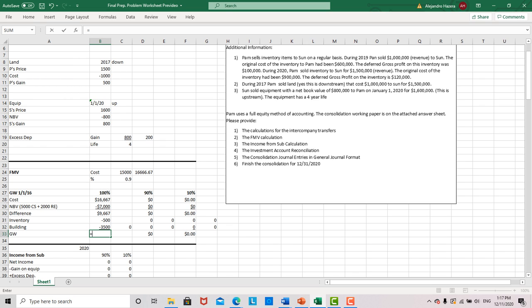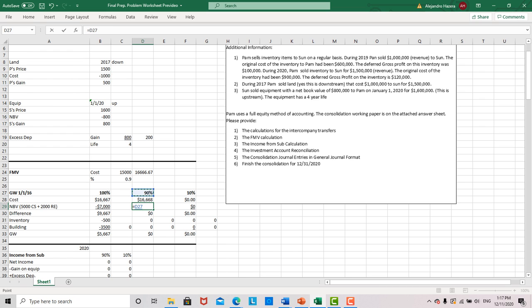So your total goodwill for the entire company is the sum of those three items, which gives you goodwill of 5,667,000. The only thing left in this calculation is to break it down between 90% and 10%.